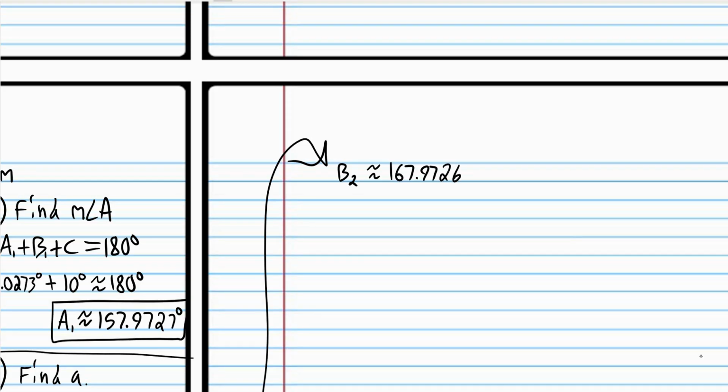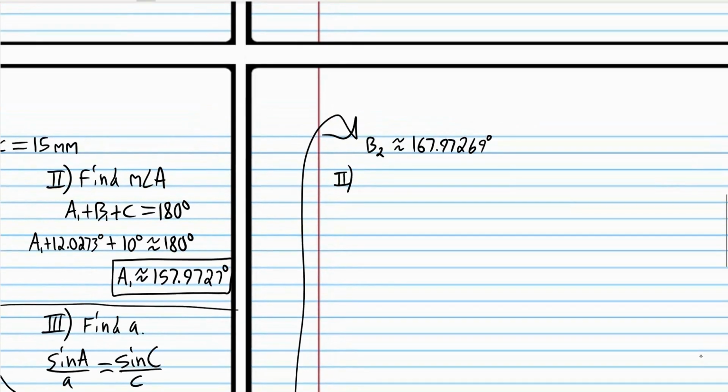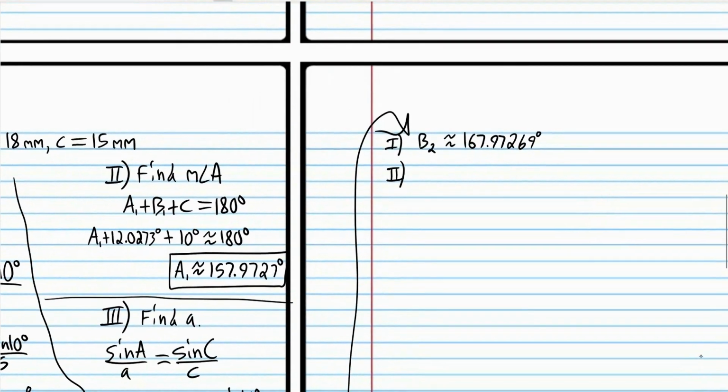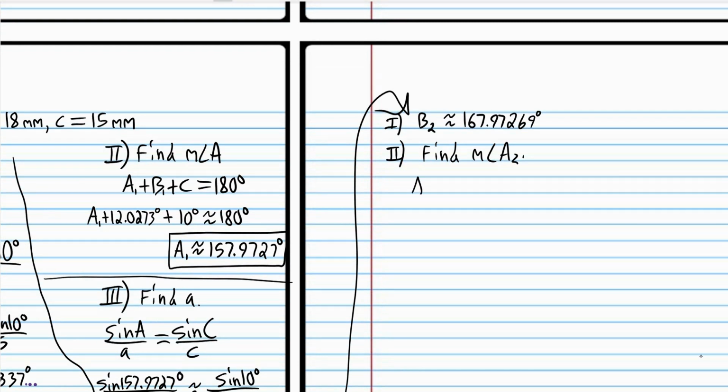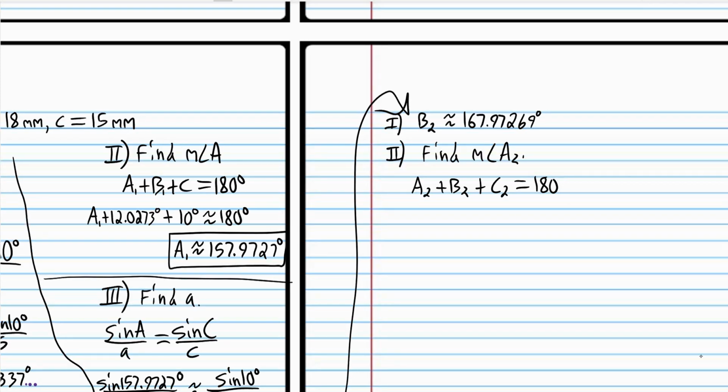So now we can go to step 2 of this problem, which is to find the measure of angle A2 using the triangle sum theorem. So A2 plus B2 plus, now we're going to call it C2, and we can call this C1 over there. Well, actually there's only one C, so we don't really need to call it C2.